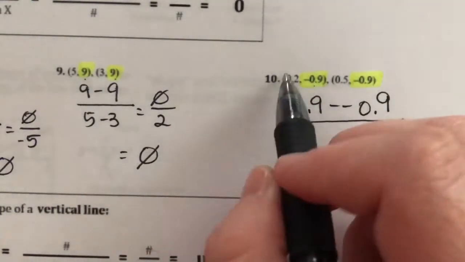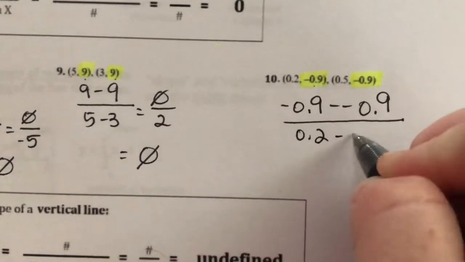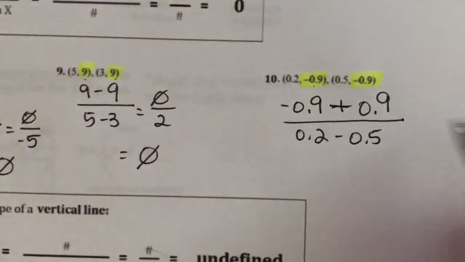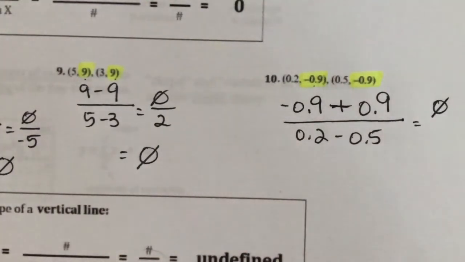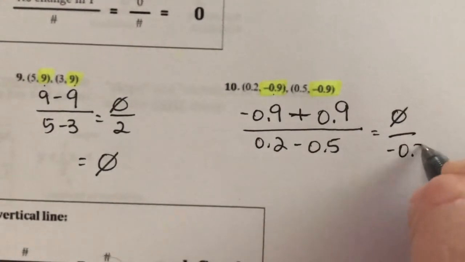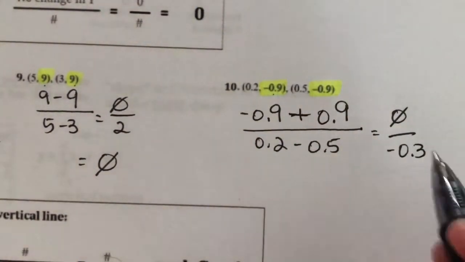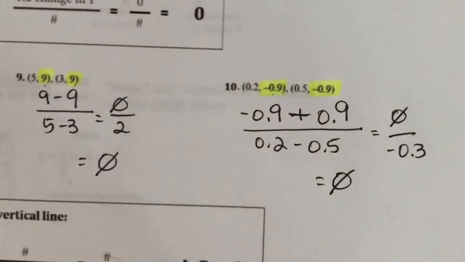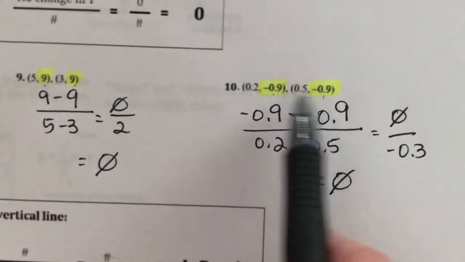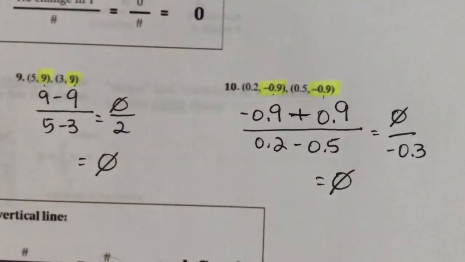All over 0.2 minus 0.5, or you could have done it the other way, that's fine. Double minus becomes a plus. -0.9 plus 0.9 is 0. 0.2 minus 0.5 equals -0.3. And 0 divided by anything is just 0. So horizontal lines always have the same y values, and the slope is always 0.